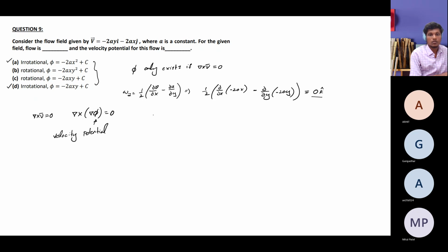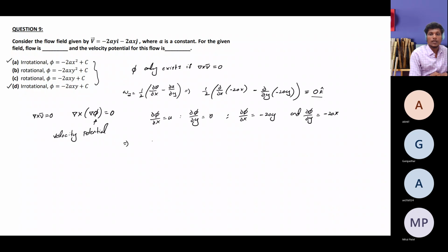By expanding this, you will get dou phi over dou x equals u and dou phi over dou y equals v. So dou phi over dou x equals the u component, 2ay, and dou phi over dou y equals the v component, minus 2ax. These are your two components of x and y.